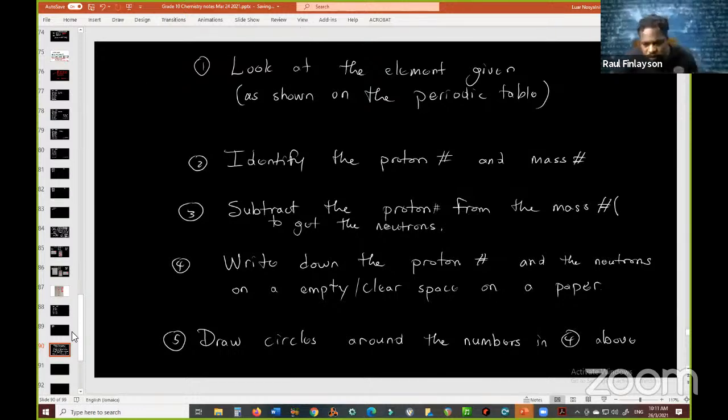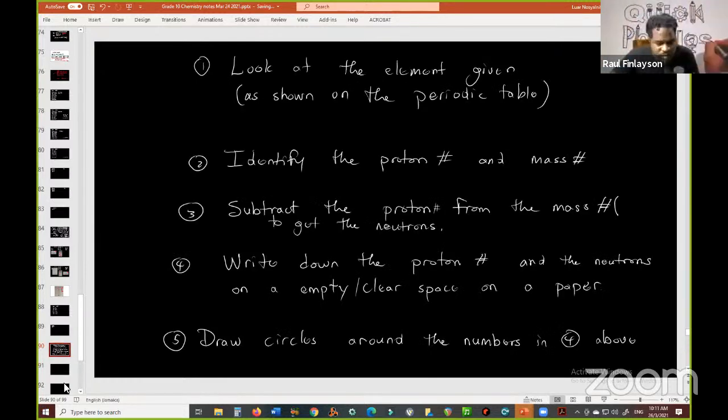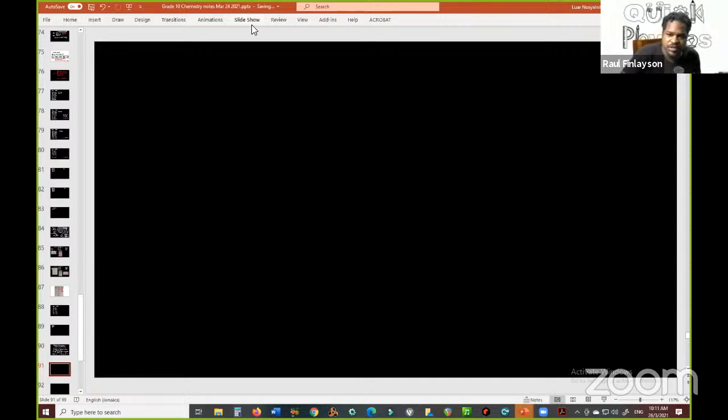We have step 5 already. Step 6 would be to draw a circle around that.